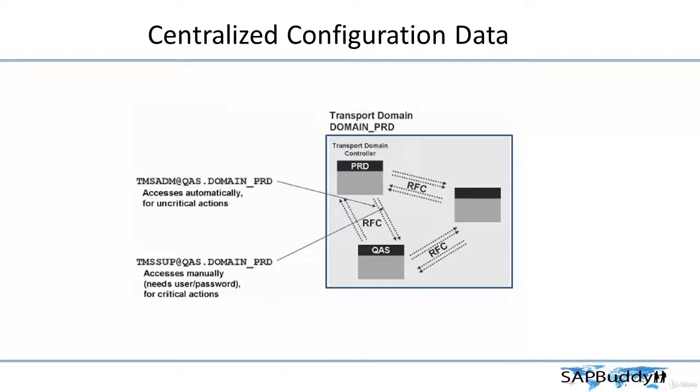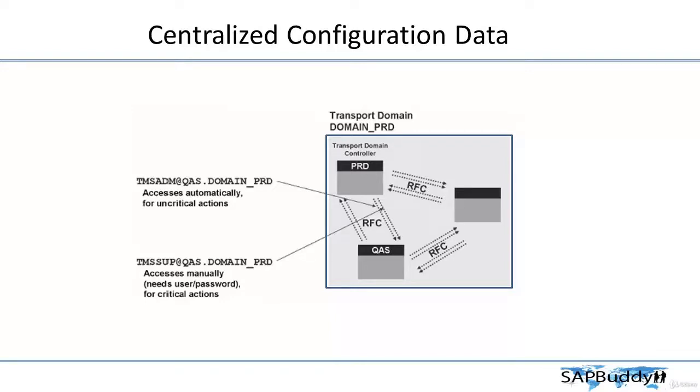When you configure the TMS, the RFC connection is created by the SAP system. The user used for this RFC connection is TMSADM. The TMSADM user will be created automatically, and it has very limited authorization to transfer the configuration only.